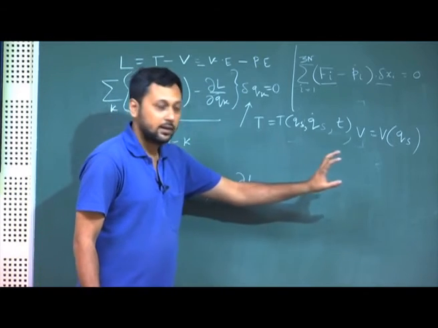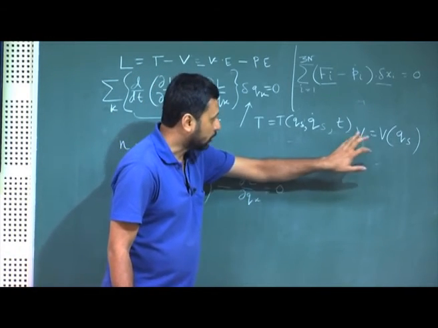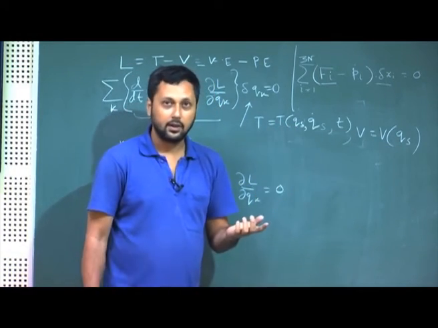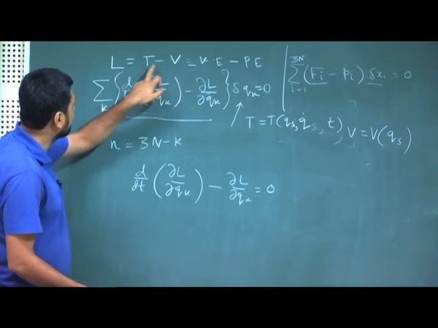But once we know that, if we can define potential and kinetic energy in terms of generalized coordinates and generalized velocities, then that is all we need. We can construct the Lagrangian.